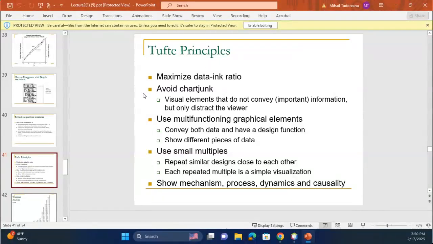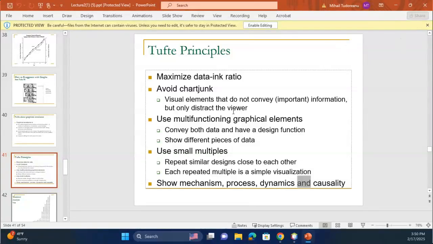So use these 5: maximize data-to-ink ratio, avoid chart junk, use multifunctioning graphical elements, use small multiples, and show mechanism, process, dynamics, or causality. I should change this to an or, really. It won't let me because I don't have editing enabled. But these are the 5 Tufte principles that I'm asking about.